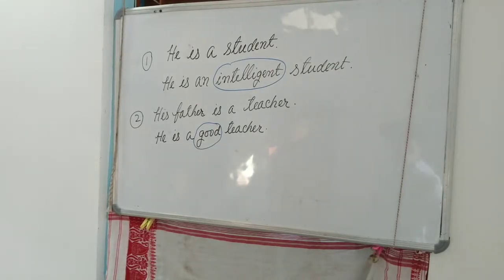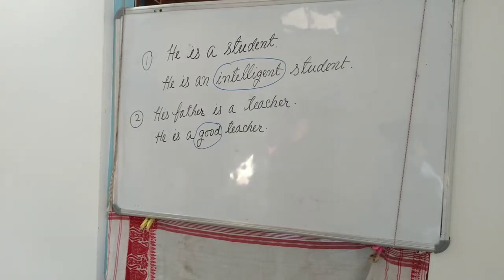Similarly, his father is a teacher. Here, teacher is a noun. And in the second sentence, we write: he is a good teacher. The adjective good is placed before the noun teacher to add some new information, to give new meaning to the noun teacher.